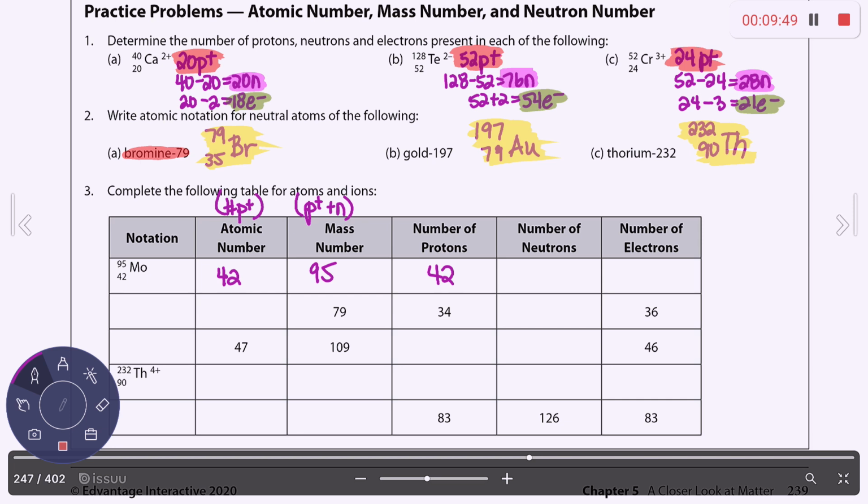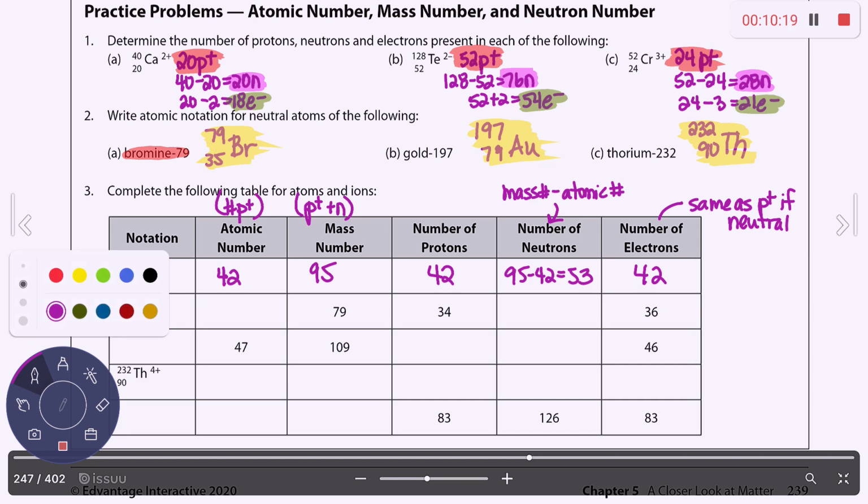Question 3. And you got 42 for this? Yeah. Because there's no charge? Okay. Okay. Moving on.